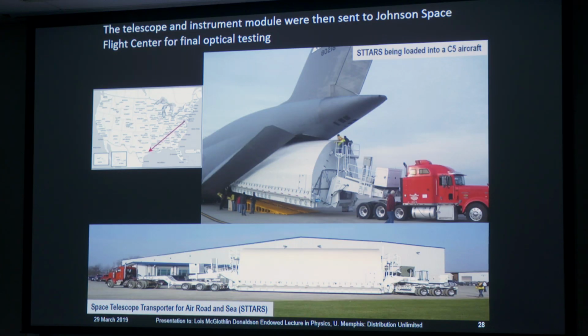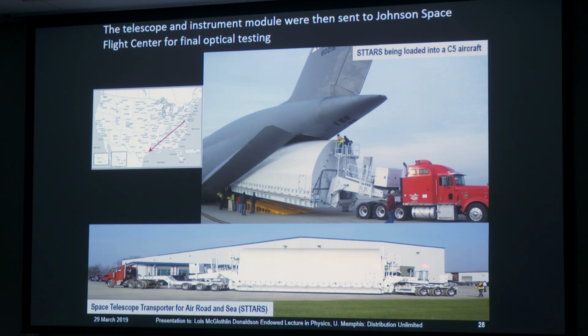Now, when we finished testing the instrument module and bolted it to the telescope, then we took advantage of the fact that the telescope is designed to fold up inside a rocket, so we used a special shipping container that can hold the JWST safely, provide the special environment that it needs to remain ready for flight.